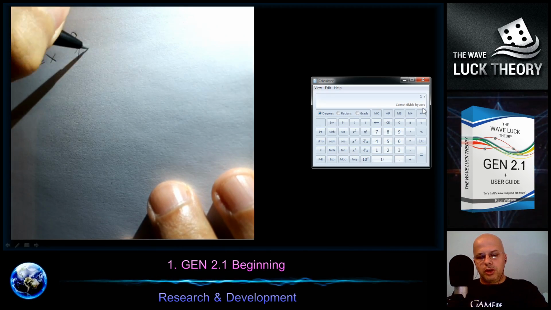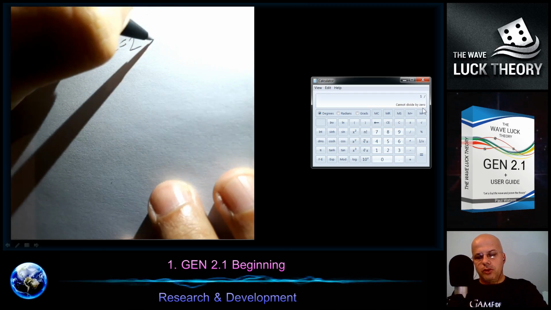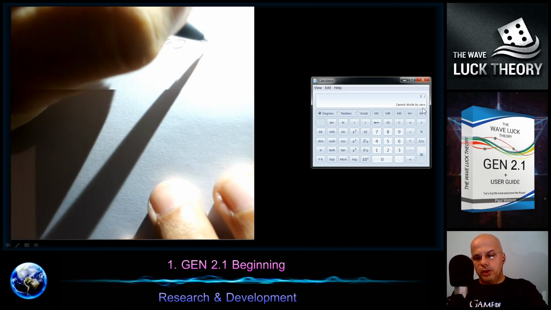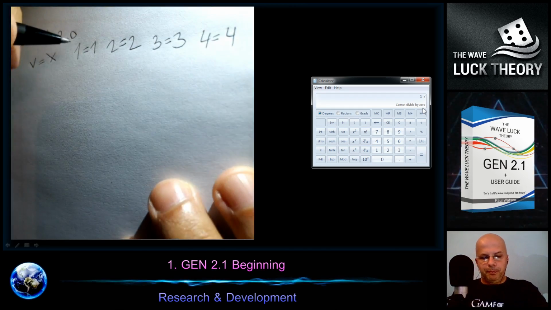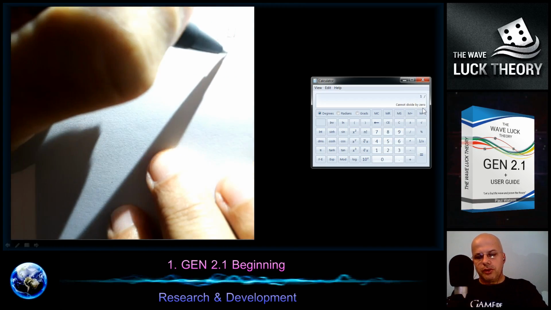So 1 is equal to 1, 2 is equal to 2, 3 is equal to 3, 4 is equal to 4. But there are other ways to rate the value. So this is what we have today.